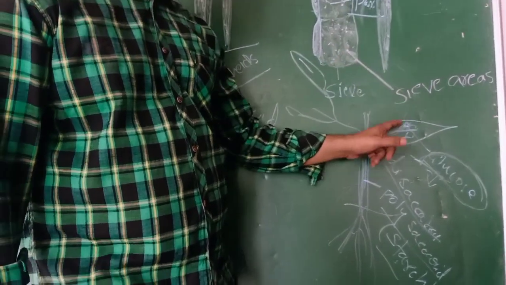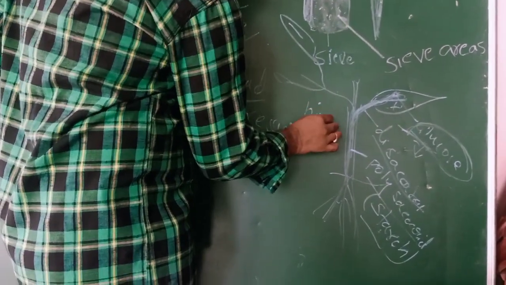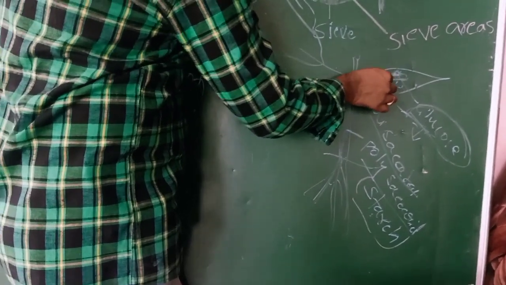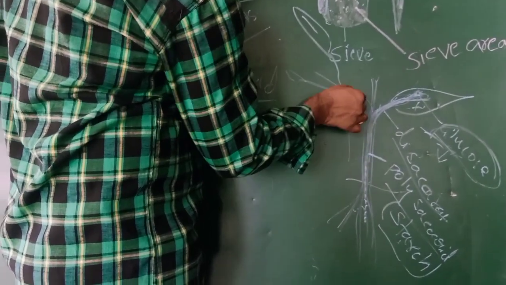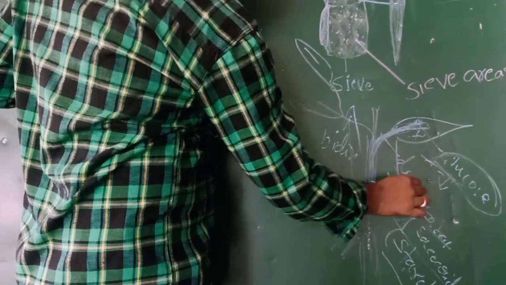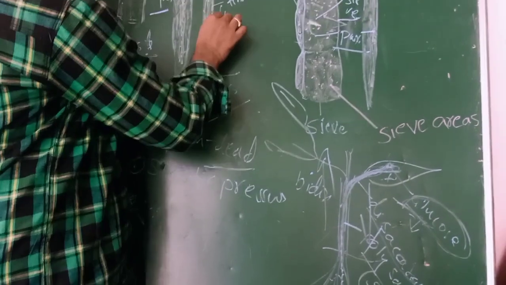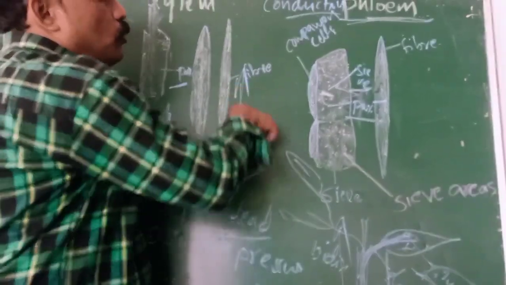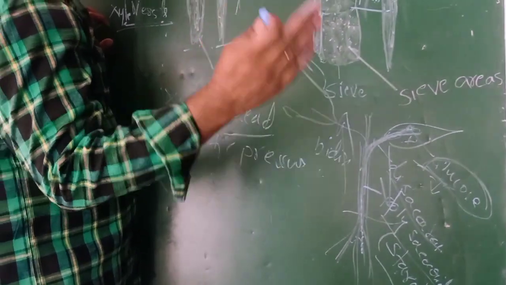But you have to remember, phloem transports the food material bidirectionally. What is the meaning of bidirectional? Downward it supplies food materials, upward it supplies. So upward and downward, both sides it supplies the food material, but xylem supplies only upward, downward to upward only, but phloem supplies the food material in both directions.